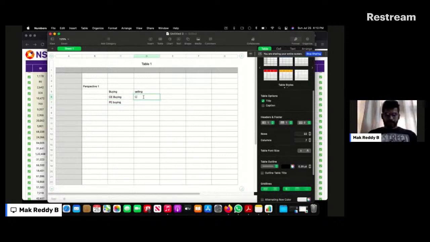In selling, we do call option selling, and we do put option selling. This is the perspective regarding buying and selling.